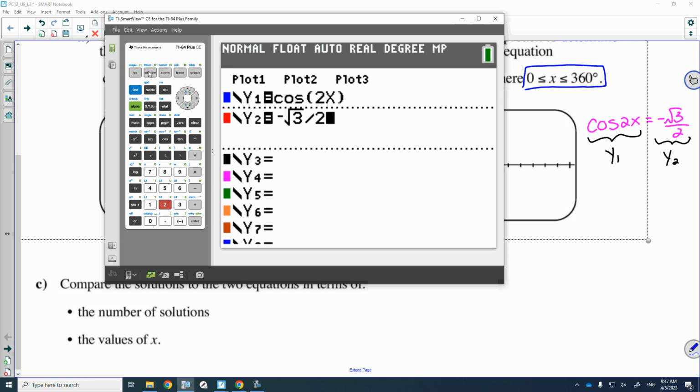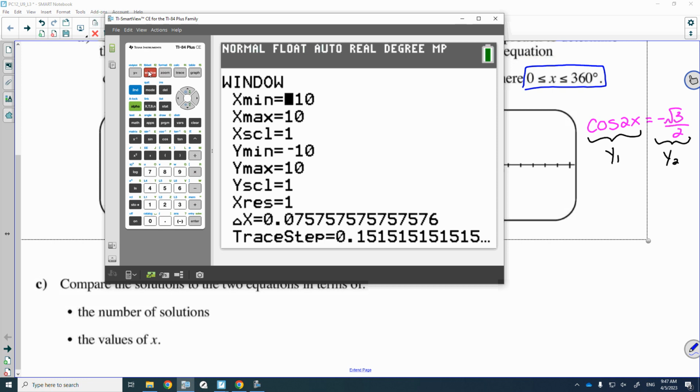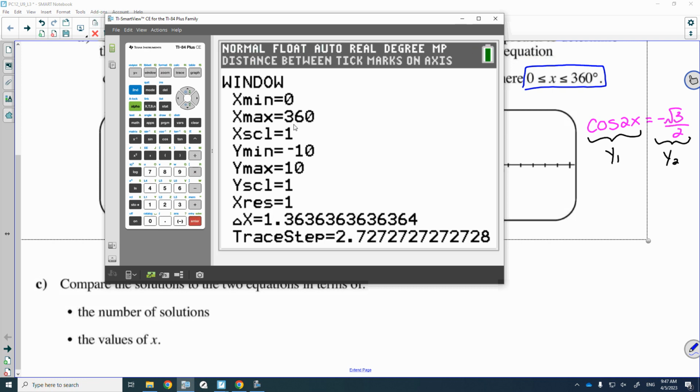Okay. I'm going to change my window right away. And I'm going to change it to follow the domain restriction. So 0 to 360. If I was in radian mode, I always change my scale to pi over 6, but we're in degree mode, so pi over 6 is 30 degrees. And then I'm going to have a straight line going through negative root 3 over 2.